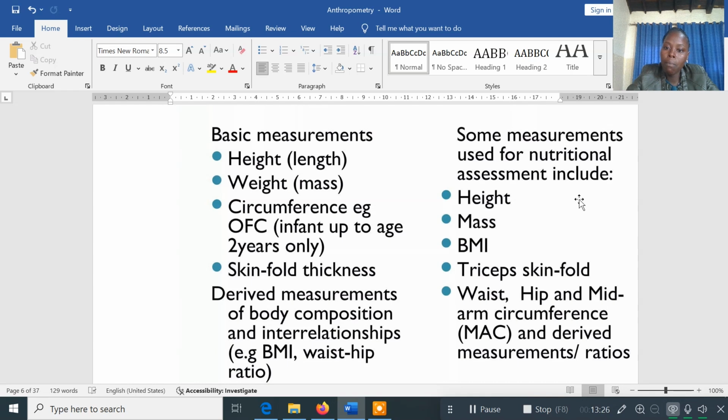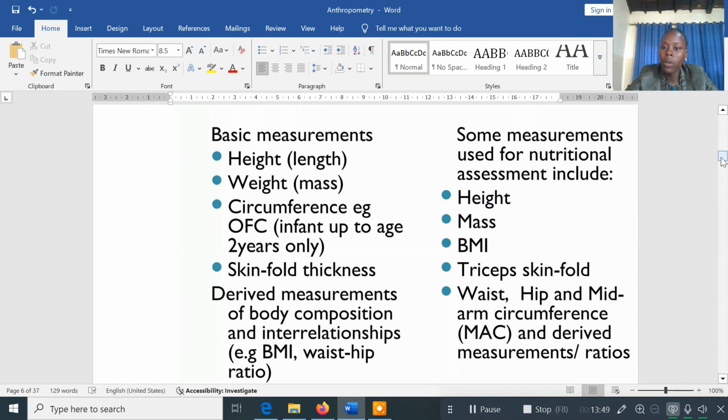Okay, so to get the body mass index, we get your weight in kilograms, and we divide it by your height in meters squared. So that BMI will be in kilograms per meter squared.